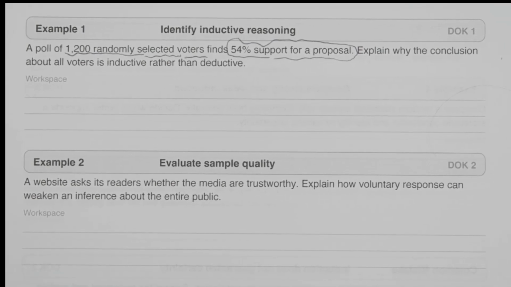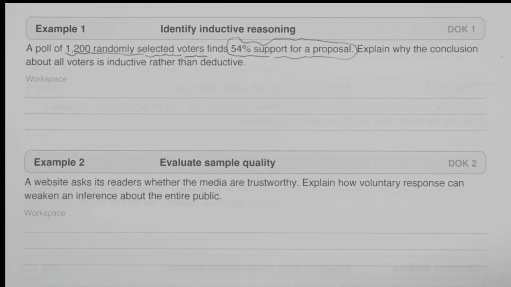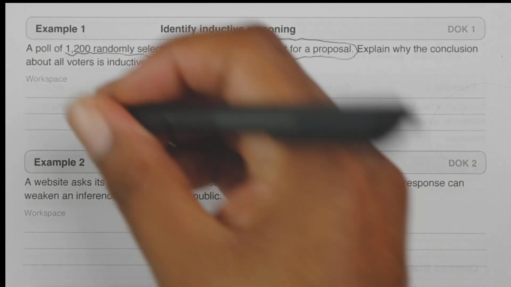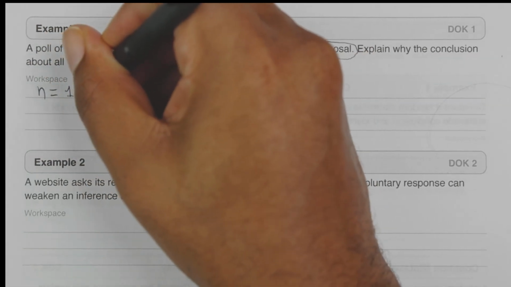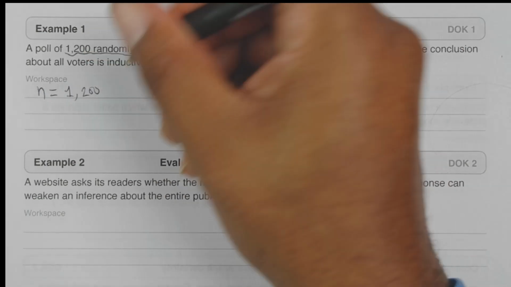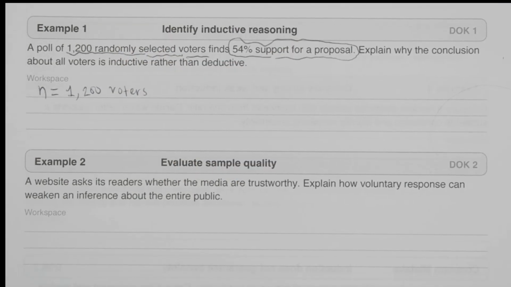So why is this inductive? Because they observed only a sample. A poll of 1,200 randomly selected voters is just a sample of the people. So we would say n is equal to 1,200 randomly selected voters.